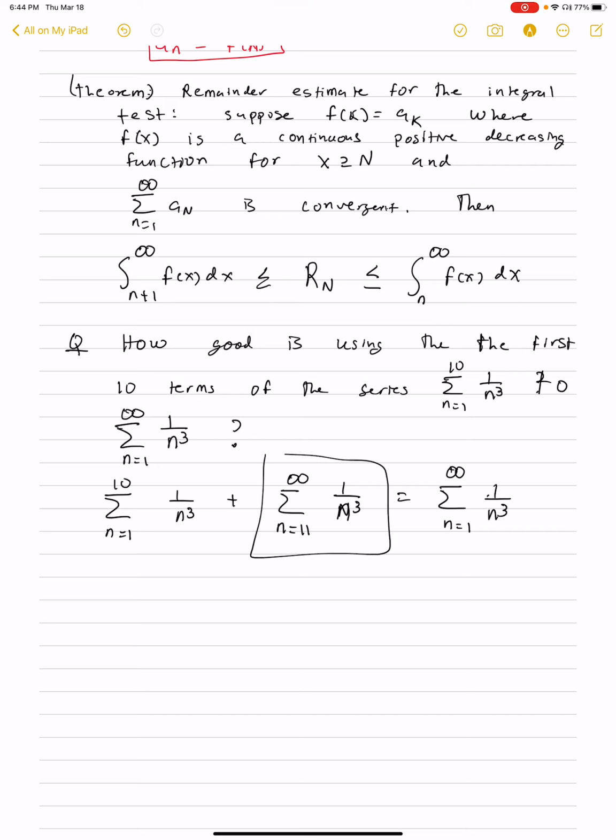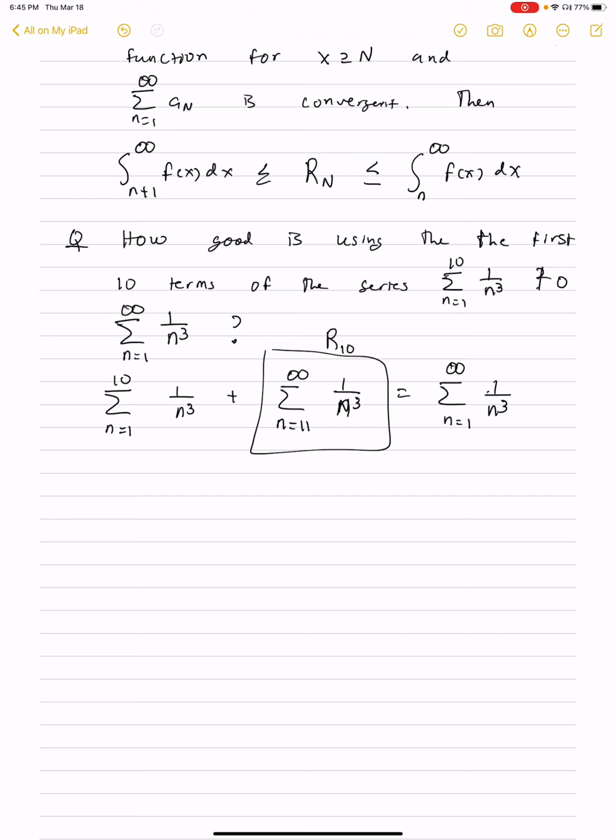This thing here is defined to be R sub 10. What happens if I just calculate the first 10 terms? How good is it compared to if I computed all infinity of the terms? So I want an approximation. Well, I'm going to have this R sub 11, excuse me, R sub 10.